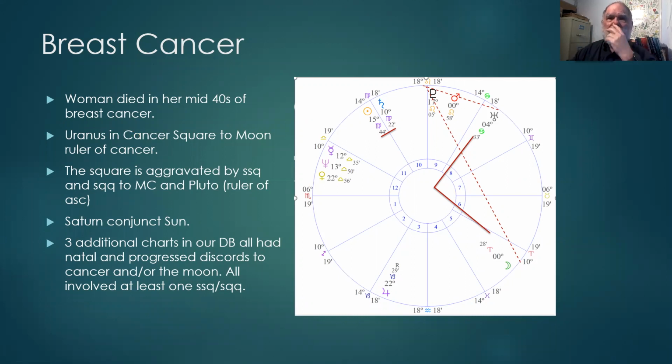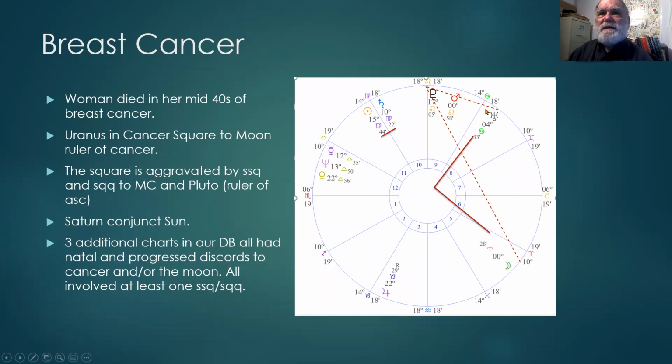And here we have Uranus in Cancer, and Uranus is square to the moon. So here we do have a discord for Cancer and the moon. Now, last week we were talking about what we call aggravated aspects, and this isn't just a square.